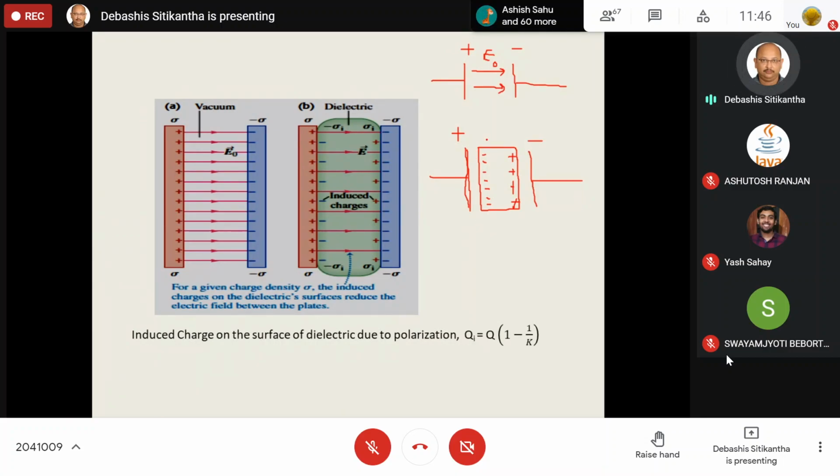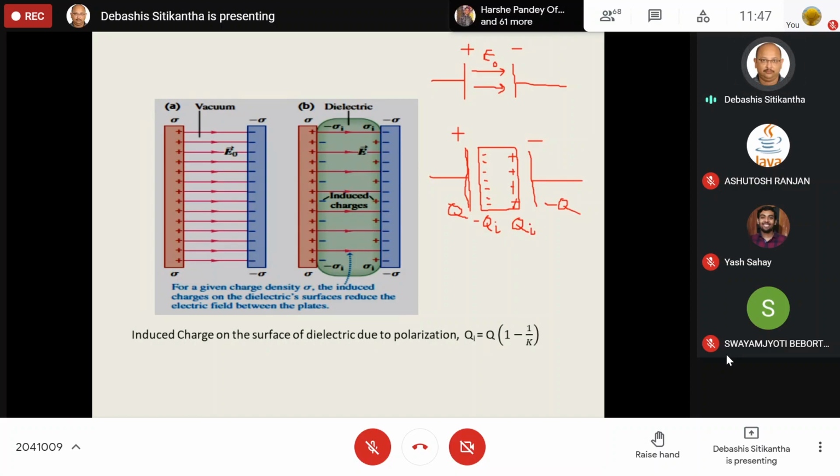Here you will see that there is something known as an induced charge, represented by Qi, and since all the electrons are on this side, I'll represent it as minus Qi. Similarly, on this plate the charge was Q, and on this plate it is minus Q. Now this minus Q is going to induce a charge that is plus Qi.